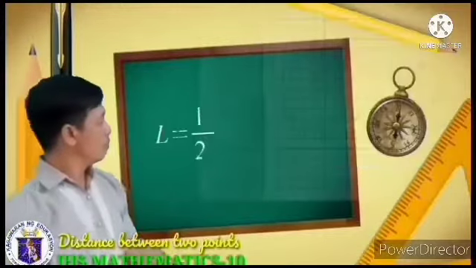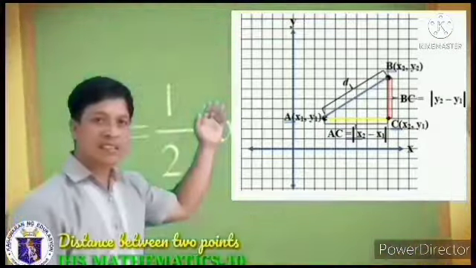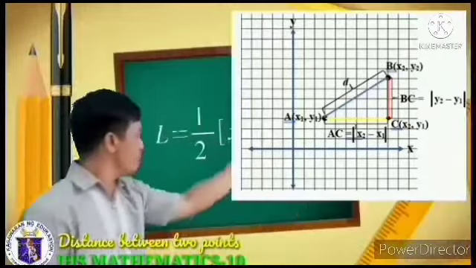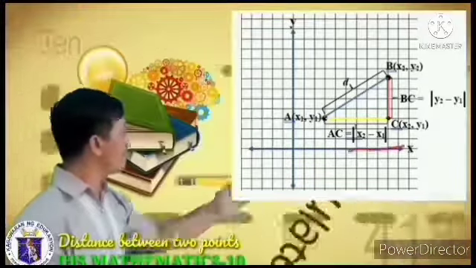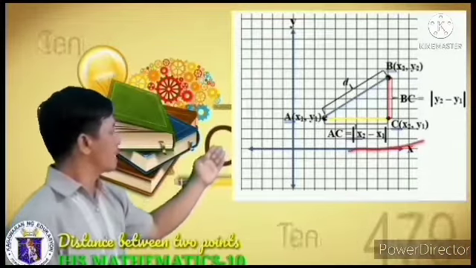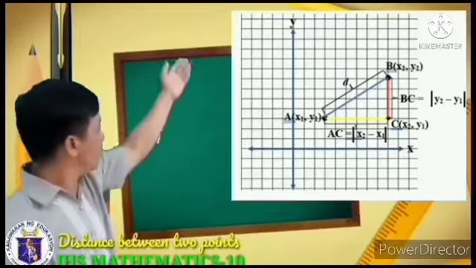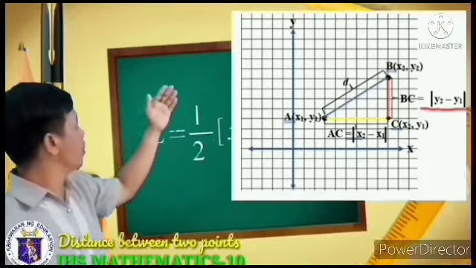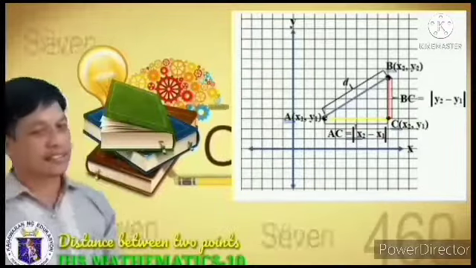So now, what is the distance of these sides? Very good! The distance of AC is equal to the absolute value of x sub 2 minus x sub 1. And the distance of BC is equal to the absolute value of y sub 2 minus y sub 1.